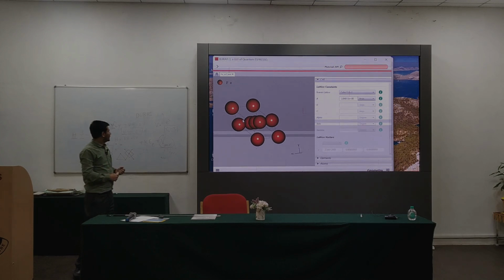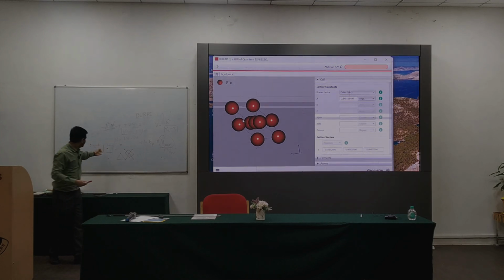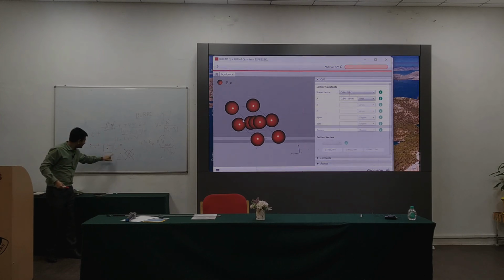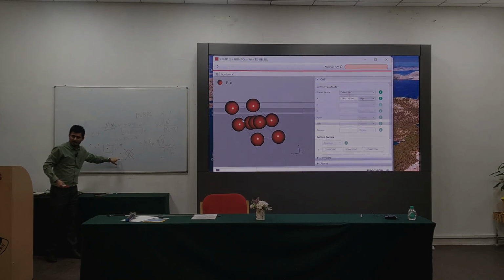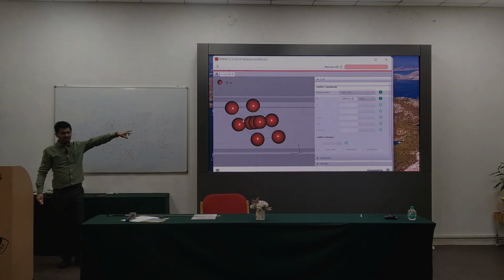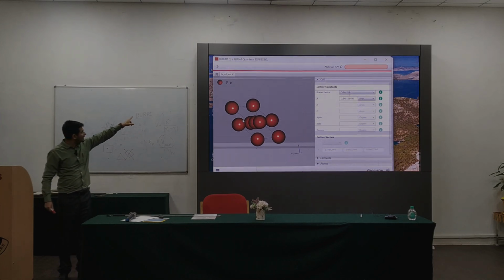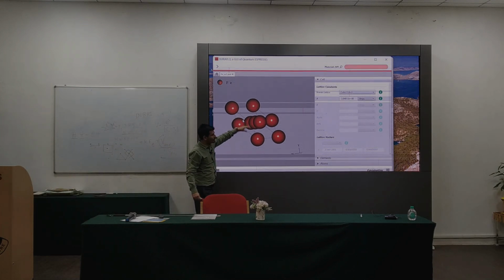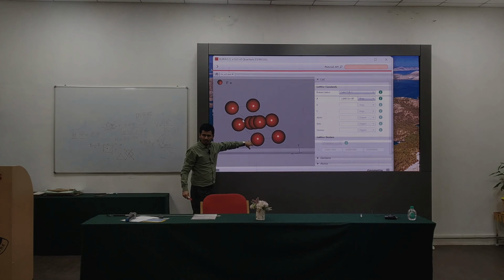Now, see, the same crystal I am showing in different ways. All are the same crystal. It is an Fe crystal, but it is shown in different forms: FCC form, simple cubic form, body center form.